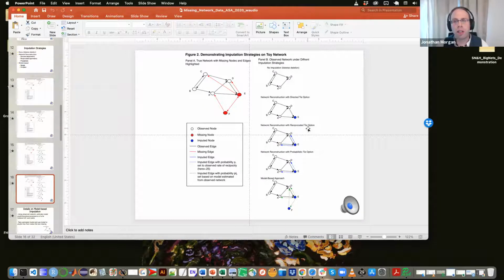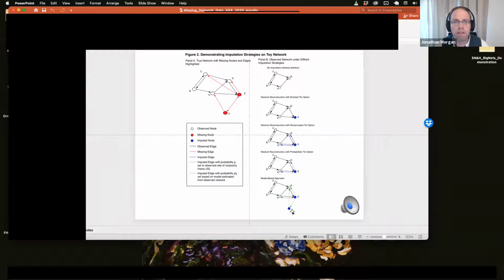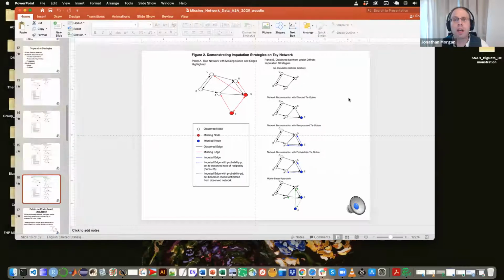And Jeff, if you listen to the audio of this or have listened to my talk, there are non-respondents, E, for which we had incoming ties. Those are pendants. And we had non-respondents like F for which we had no information. And the reconstruction methods. So now we're going to talk about the different imputation methods that we use.